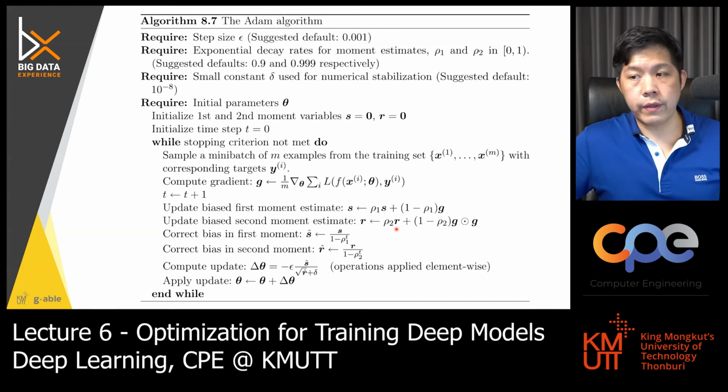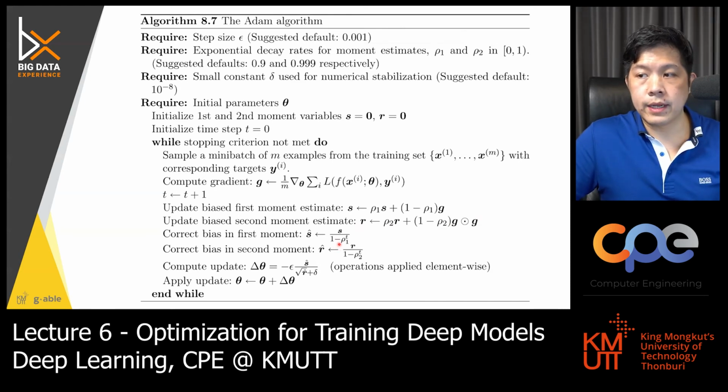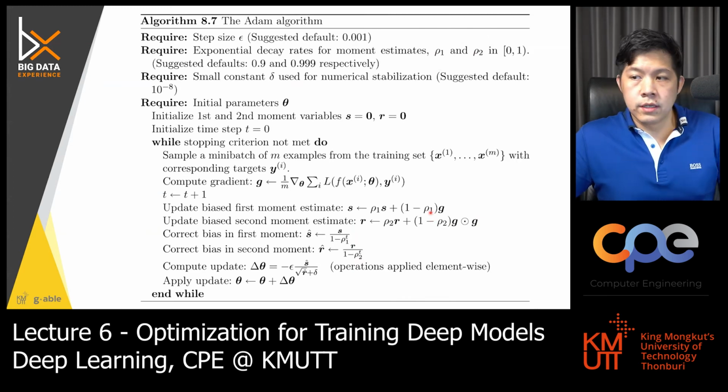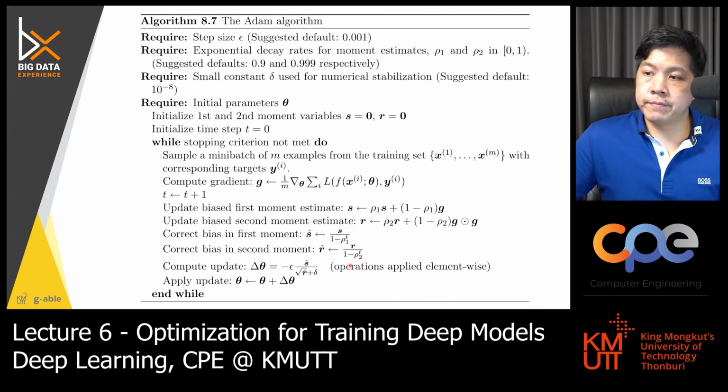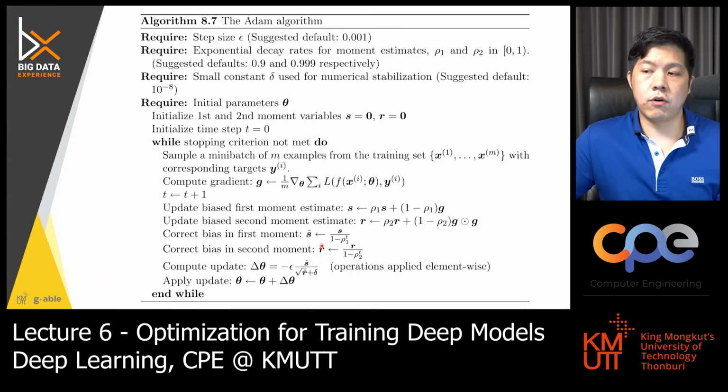Then correct it with 1 minus rho 1 and 1 minus rho 2. These rho 1 and rho 2 are from above, and the same as this one. Now you have this first moment and second moment.